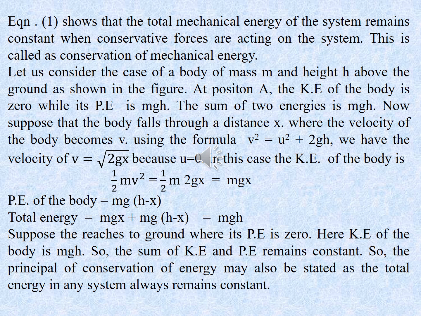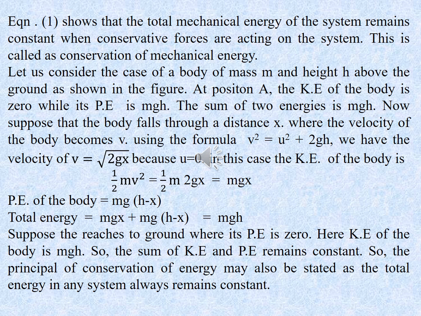Now the body falls through a distance x where the velocity of the body becomes v. We know the formula v square minus u square is equal to 2ax. Using that equation, v square is equal to u square plus 2gx. We have the velocity v is equal to root 2gx because u is equal to 0.